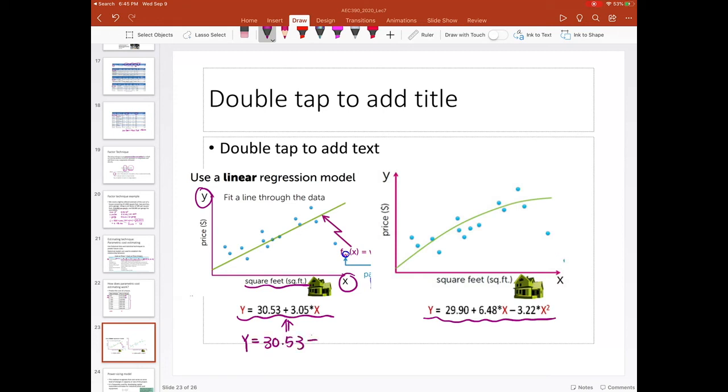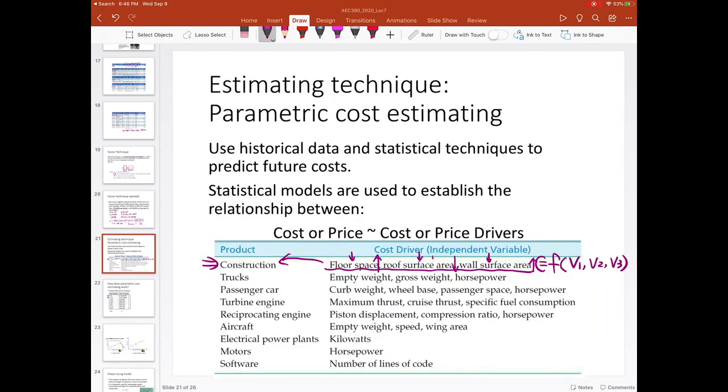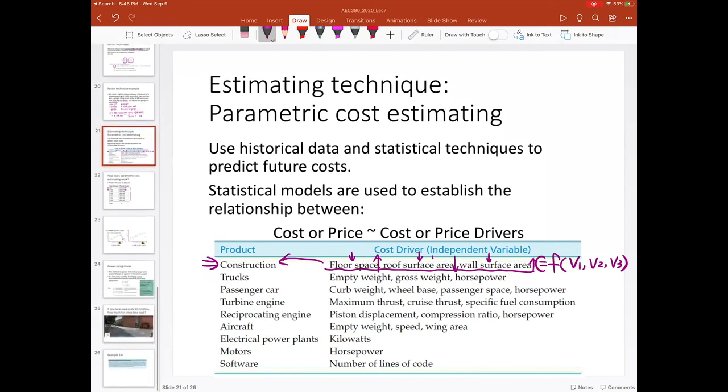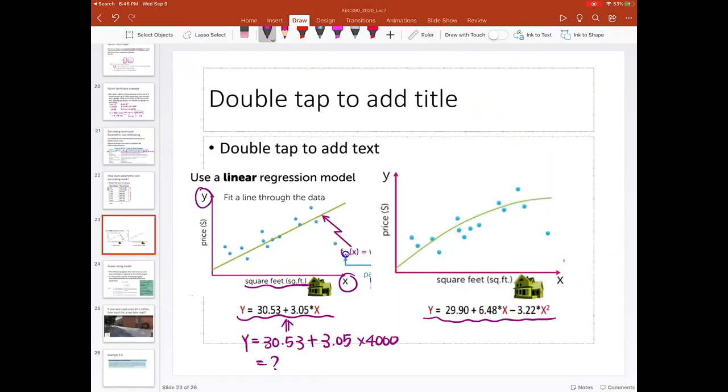Say you decide to use this straight line to estimate, then you just replace the x with 4,000, and the number you get is going to be the price you estimated. Okay, so this is the type of technique we call parametric cost estimating. It is more scientific, you would say, and more accurate, but more time consuming because you have to collect all the historical data. And also you need to come up with these lines. Okay?